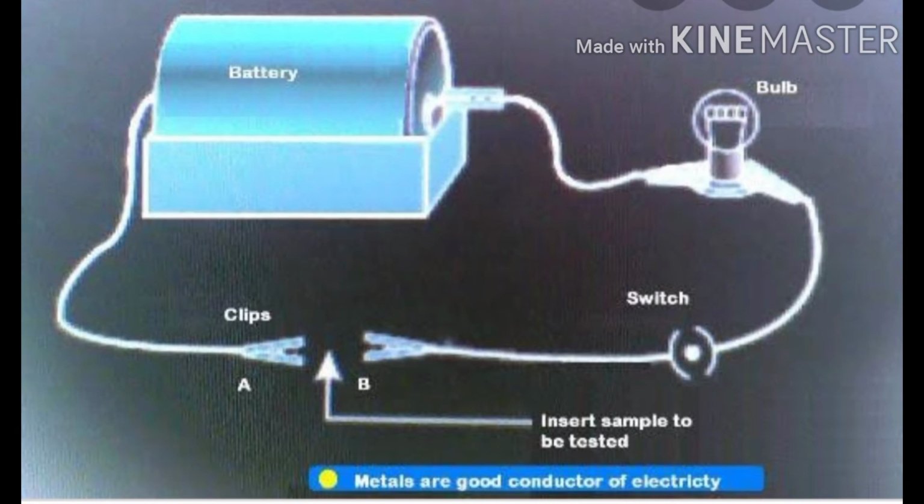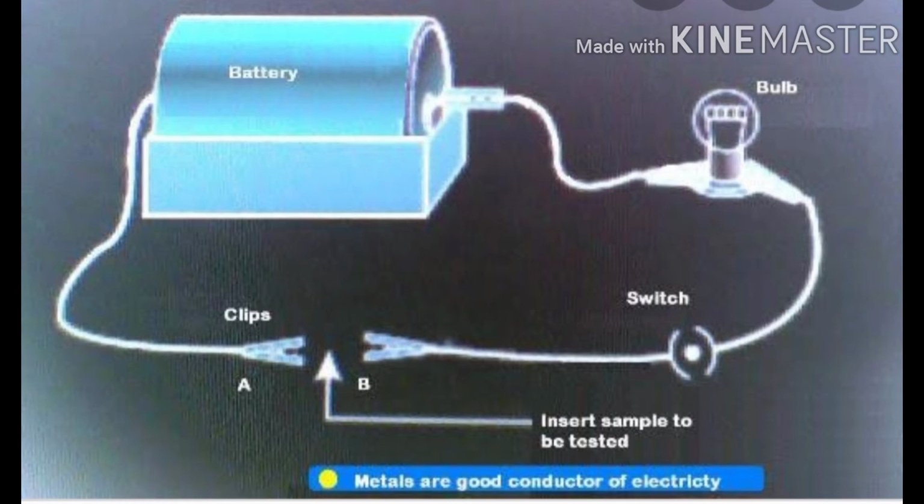Silver is considered to be the best conductor of electricity. Copper is a good conductor of electricity. We prefer to use copper in our electric wiring as it is cheaper than silver. Have you noticed that the wires which carry the current in our homes have a coating of PVC, that is polyvinyl chloride, or a rubber-like material?